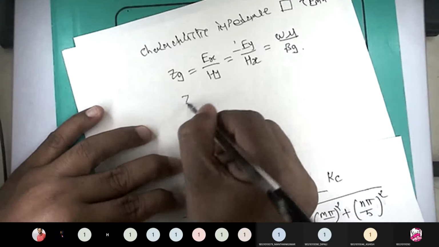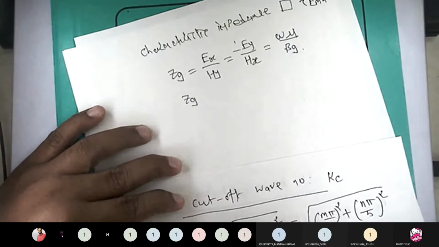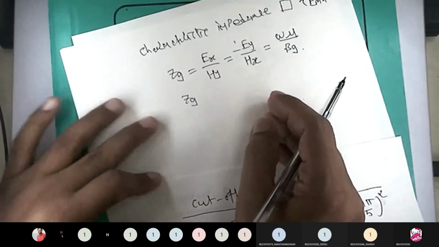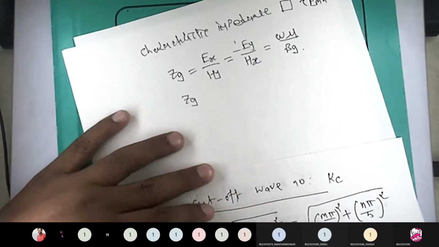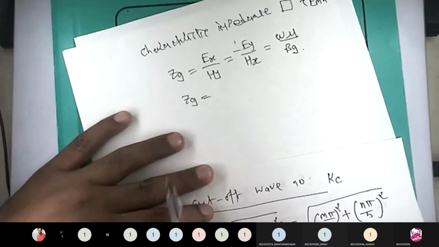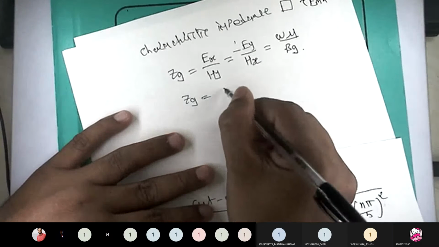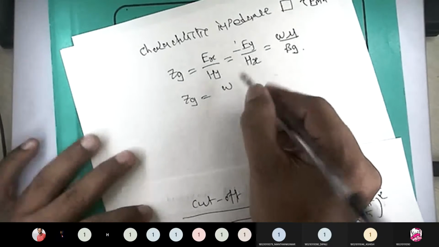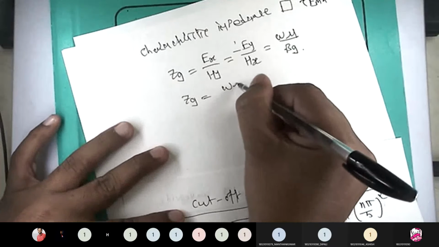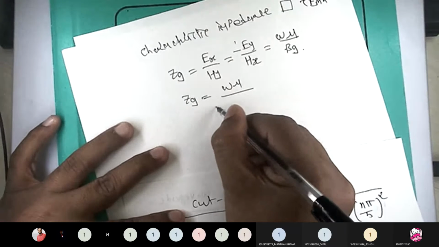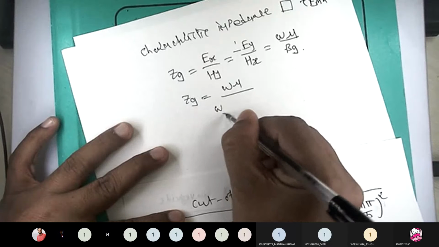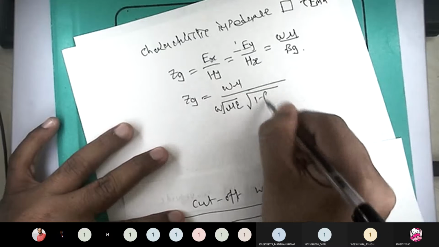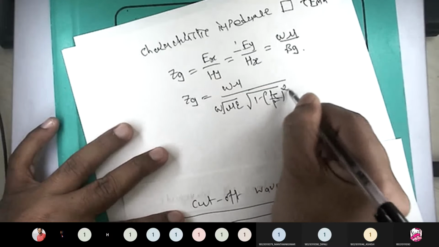So I can say that for this characteristic impedance, if you put the values, then these expressions can be written as: omega is already known, and beta g is nothing but omega square root of mu epsilon times square root of 1 minus (fc over f) whole square.